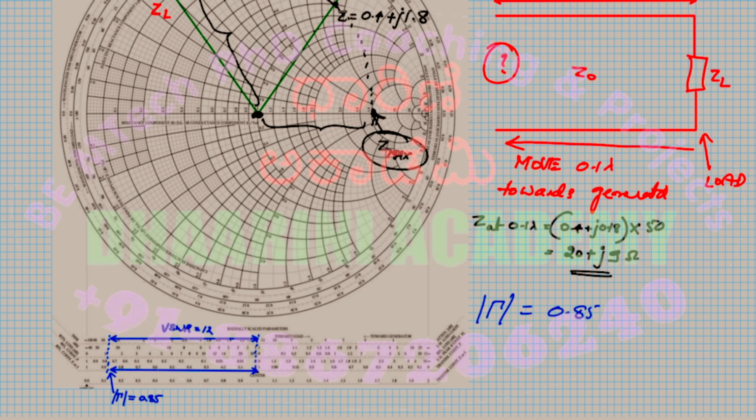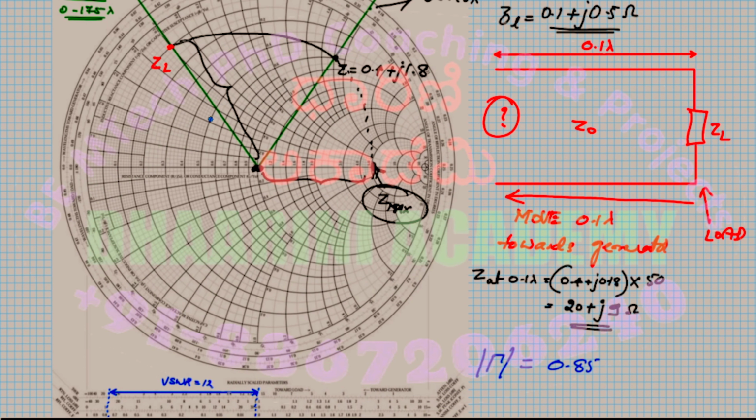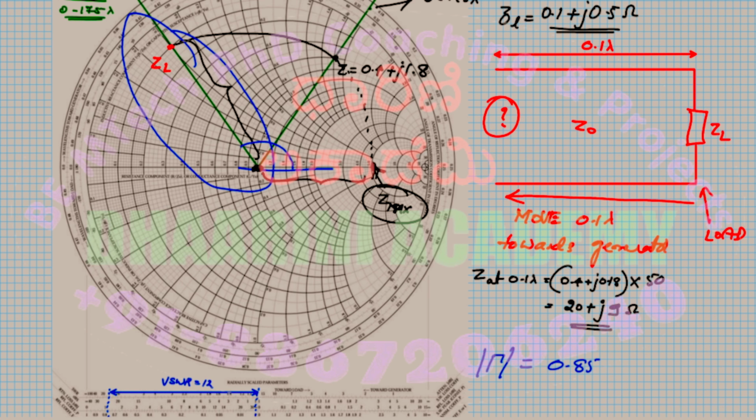Is it right? Measuring the angle is very simple. At the load, this is the gamma, and at that load I need an angle. So simply measure this angle with respect to the horizontal line, whatever is the angle made by the line you have drawn connecting ZL and the center. That angle you measure and tell me how much you get.